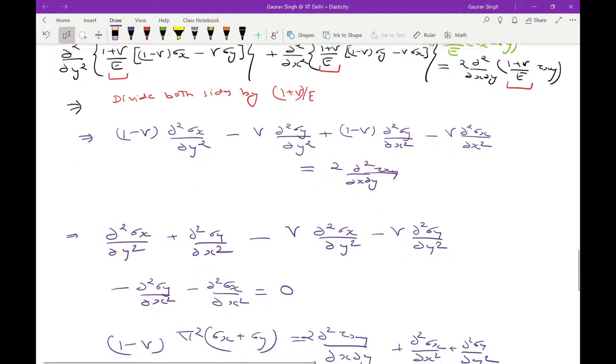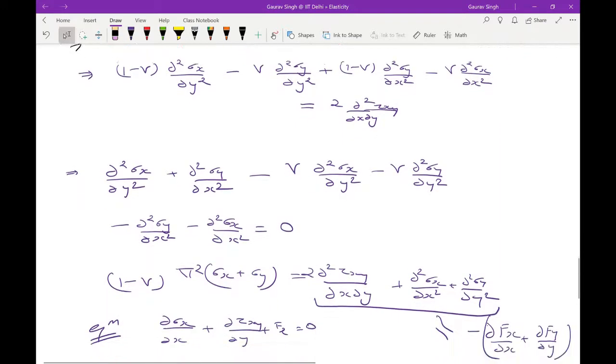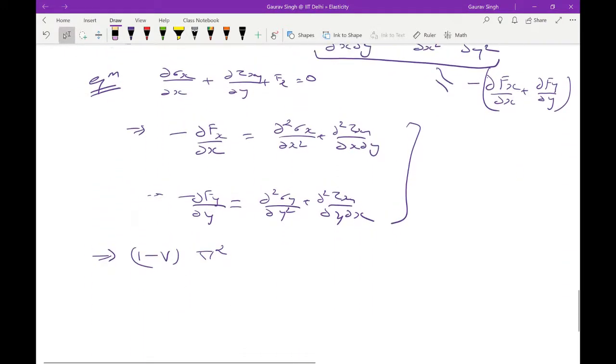Sigma x plus sigma y is equal to minus of ∂fx/∂x plus ∂fy/∂y.